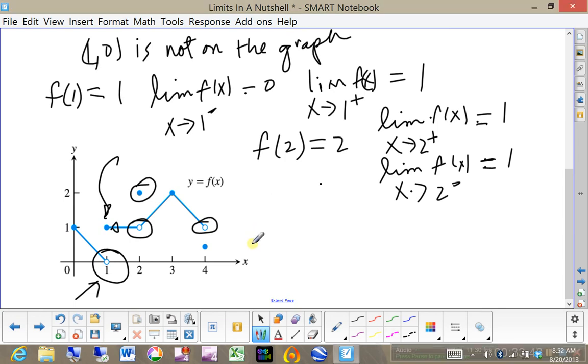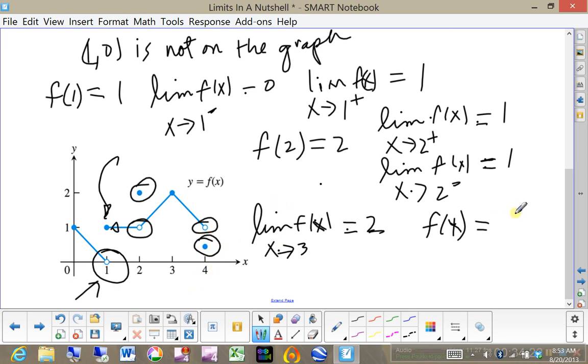The limit of f of x as x approaches 3 looks like it's 2 from the right or left. And finally, we can say that f of 4, you got to look where the heavy dot is, f of 4 must be about 0.4.